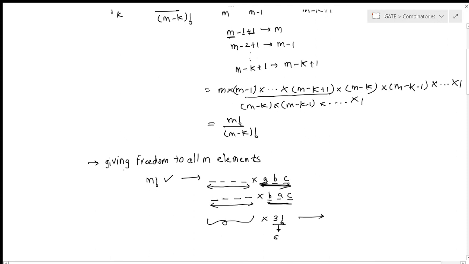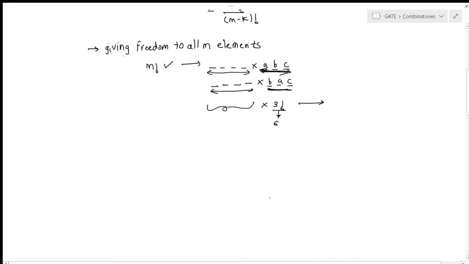Okay, let me tell you again, please don't miss this. These are the k elements, I have kept them fixed. These are my m minus k elements, and I am performing all the permutations of these m minus k elements.